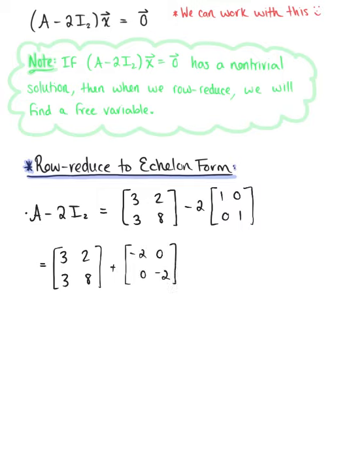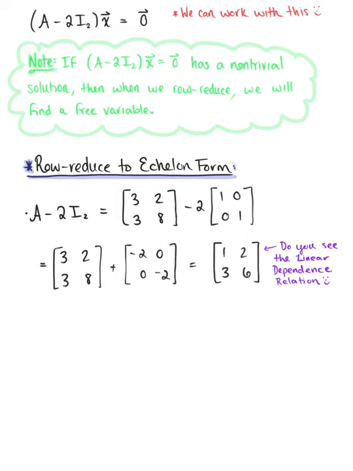Combining those like terms, we are left with a single 2 by 2 matrix. We have 3 minus 2 is 1, 2 plus 0 is 2, 3 plus 0 is 3, and 8 minus 2 is 6. Beautiful!